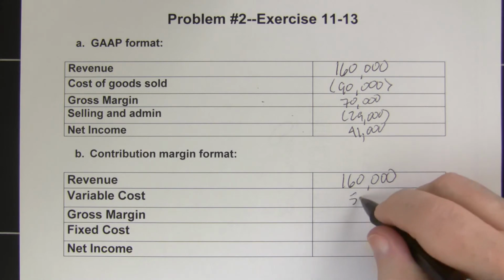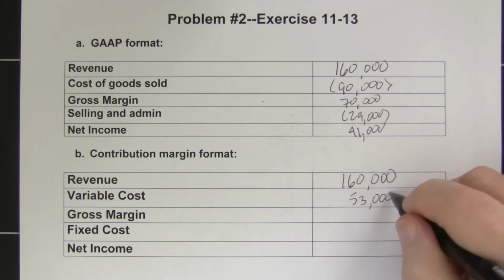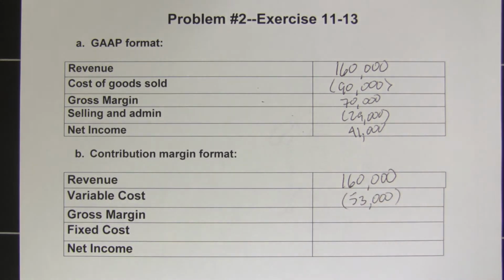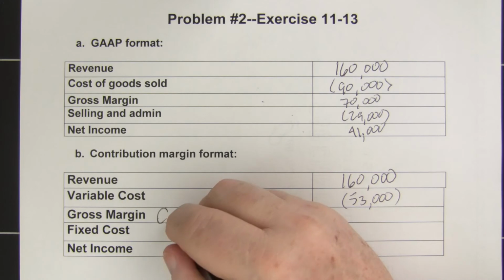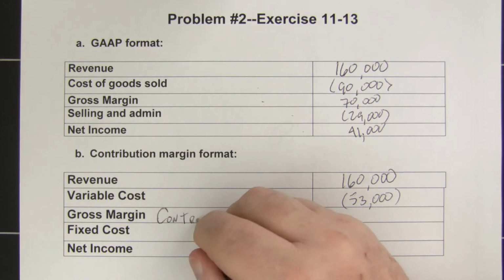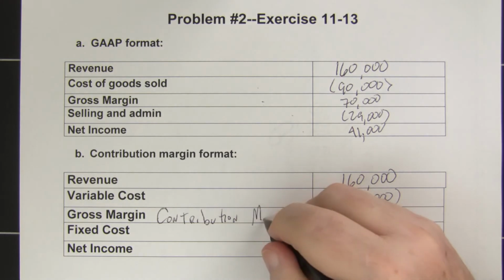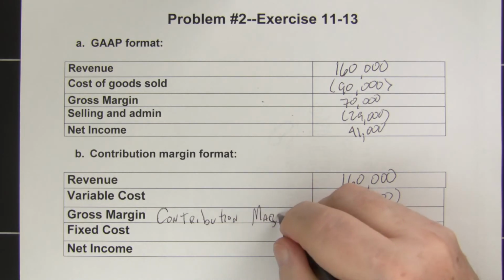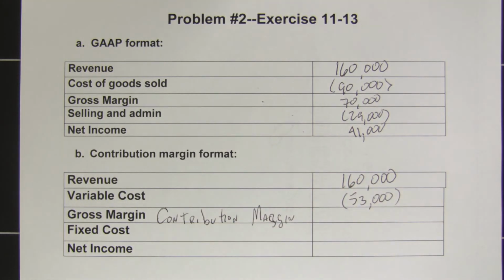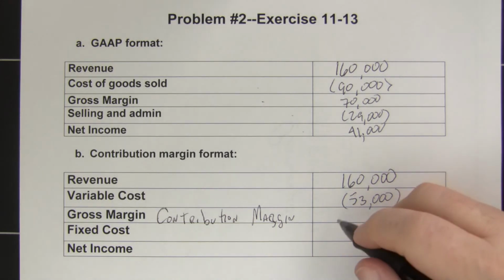So our variable costs are $53,000. Our gross margin, which we really should call contribution margin, because we really don't consider this a gross margin, it's a contribution margin. It's $107,000.